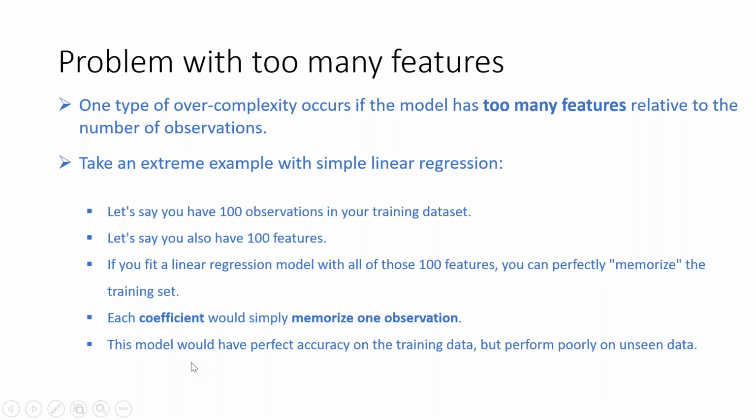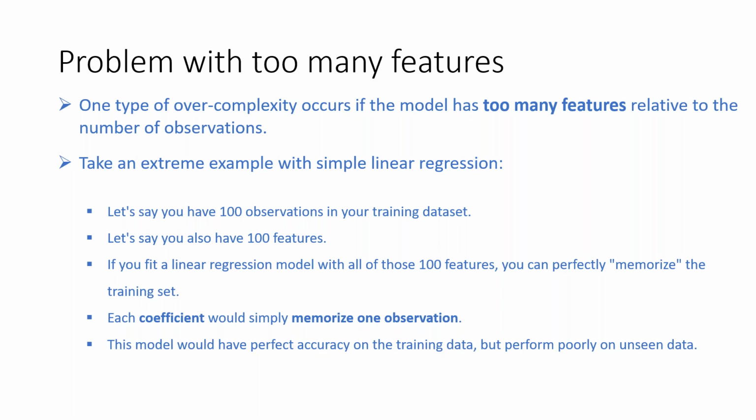This model would have perfect accuracy on the training data, but it will perform very poorly on unseen data. These kinds of models do not generalize. They are perfect for their training set, but not for unseen data.